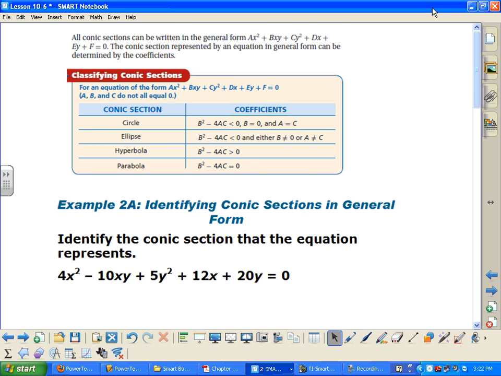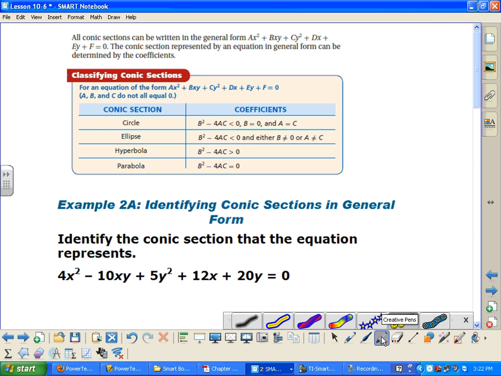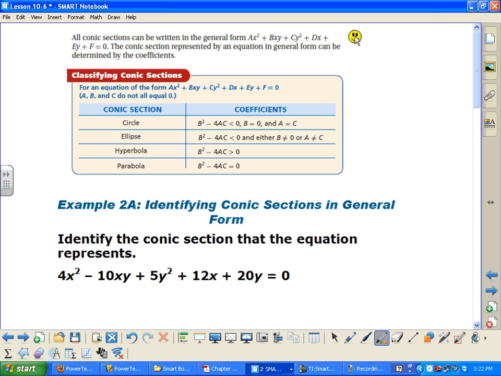Okay. So not always are the conic sections in standard form, or can we necessarily get them in standard form. Sometimes they have a general form, and the general form for a conic section is written like this: ax squared plus bxy plus cy squared plus dx plus ey plus f equals 0.